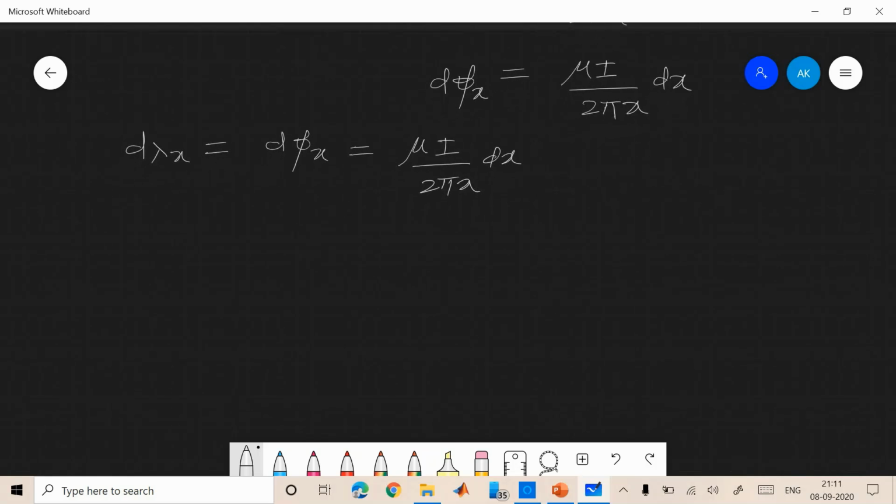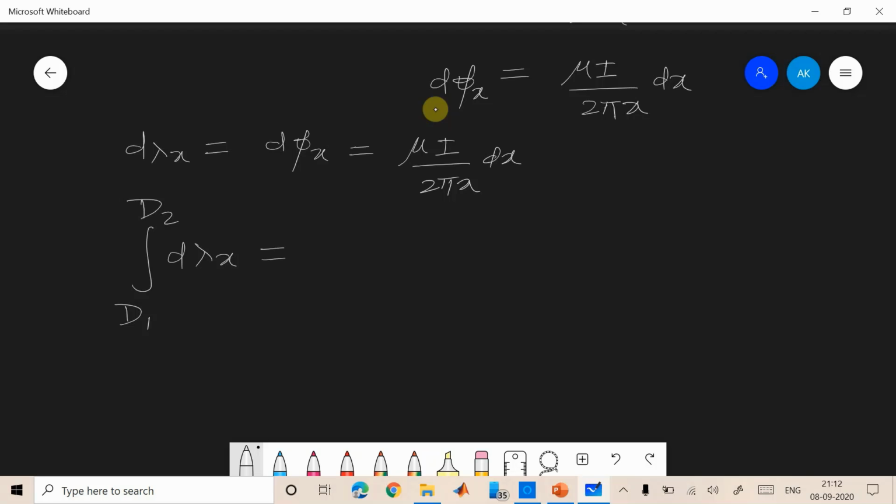So to find total flux linkage between D1 and D2, between point A and B, we need to integrate this d lambda x from D1 to D2. So we will integrate this d lambda x from D1 to D2.